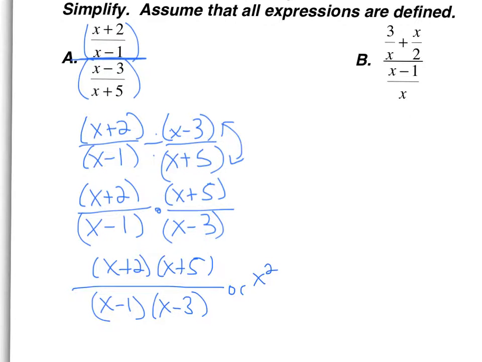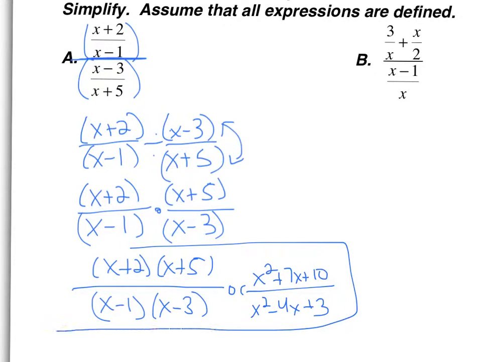So we have x squared, 2x and 5x is 7x, plus 10, over, on the bottom we have x squared, negative 3x and negative 1x is negative 4x, and negative 3 times negative 1 is positive 3. So one of those two answers could be the solution, or the simplified version, depending on what the directions say or how we're going to use the rational expression.